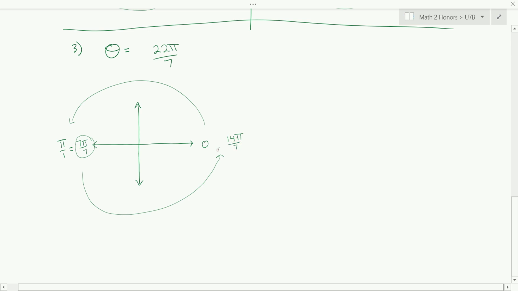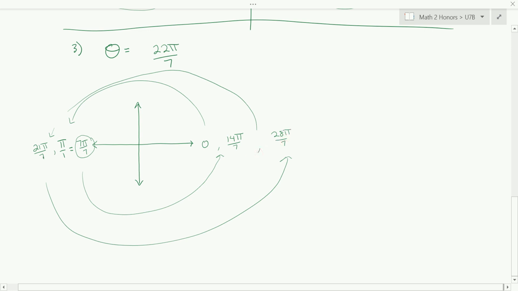You could check, if I reduce that, that's going to give me 2 pi, right? And then I can add another 7 pi over 7. So 14 plus 7 was 21. So that'd be 21 pi over 7, which is still less than 22 pi over 7. If I go another half circle, add another 7, I get 28 pi over 7.